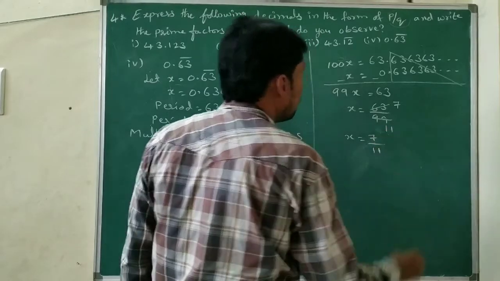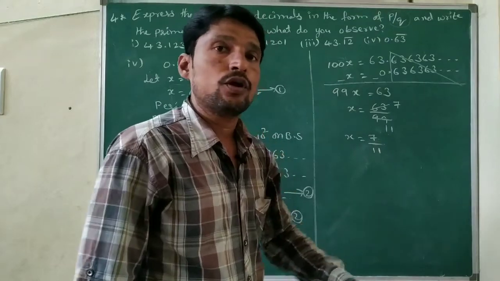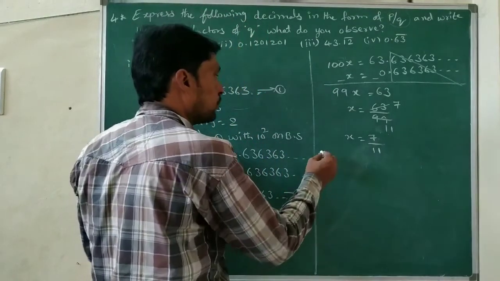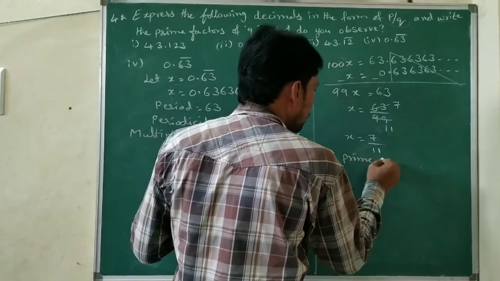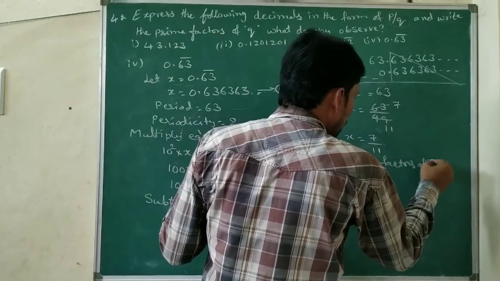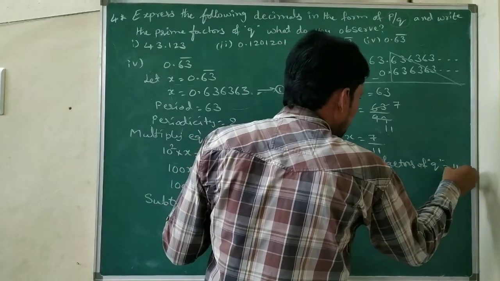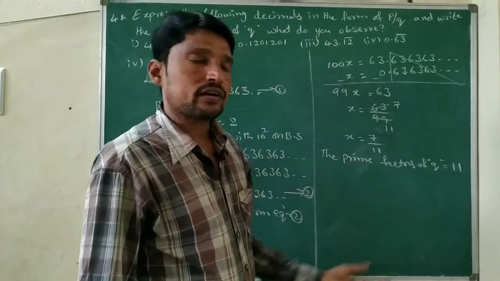So 7 by 11 is in the form of p by q. Now we need to write the prime factors of q. The prime factor of q is only 11, which is a prime number. We are not getting other prime factors.